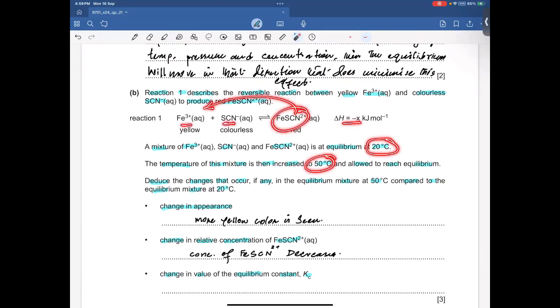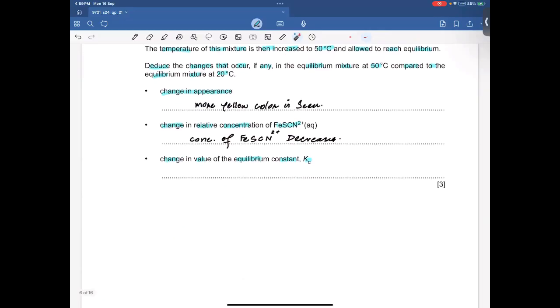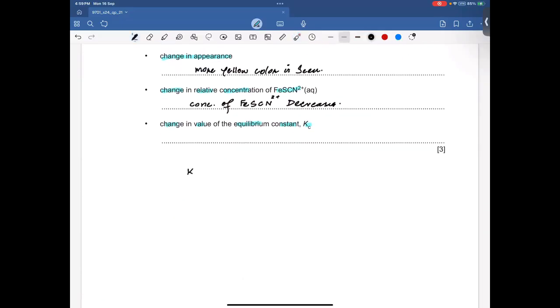So if we have more reactant, obviously the value of Kc is going to decrease, because Kc is basically the ratio of the concentration of product over concentration of reactant.